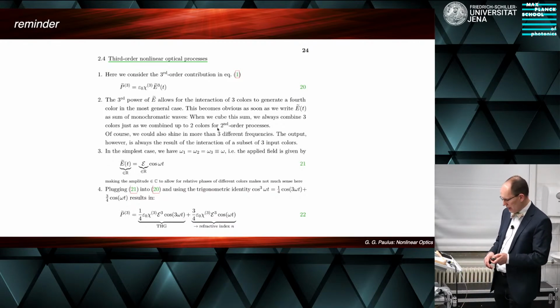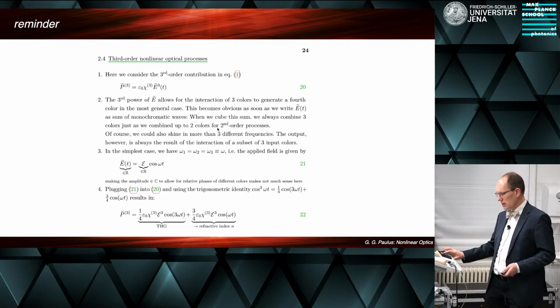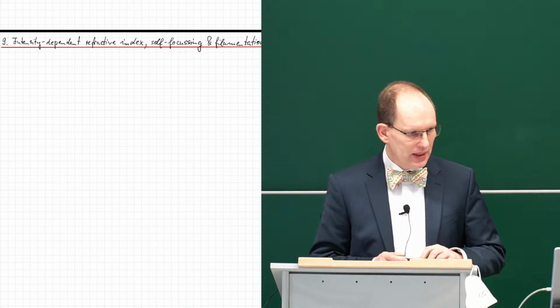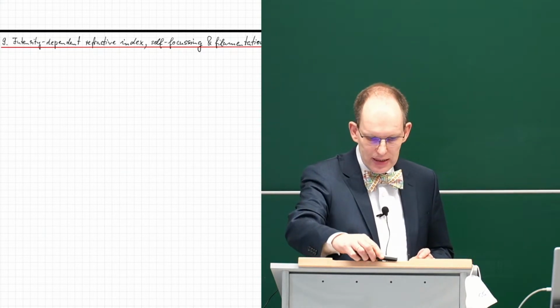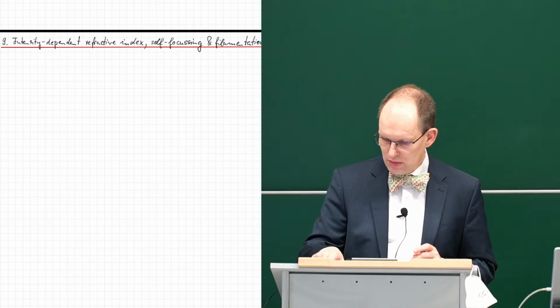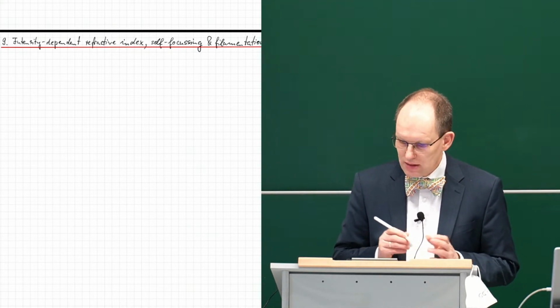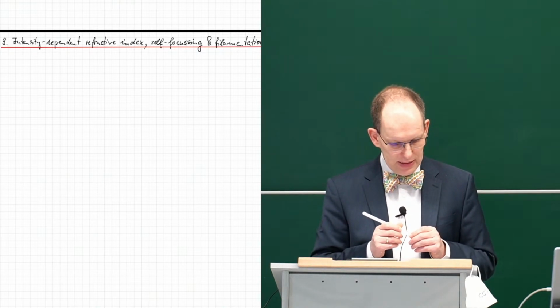We'll come back to that just as a side remark later. Okay, so with this, I would start with the headline. Actually, I put it down already: intensity-dependent refractive index, self-focusing, and filamentation.